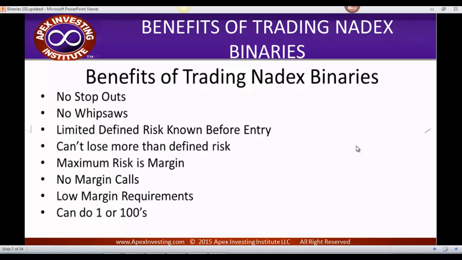With Nadex binaries, you know exactly what you're risking before you enter the trade. In fact, it actually tells you on your order ticket, and you cannot lose more than your defined risk that's listed on the order ticket. Your maximum risk is your margin. Your maximum risk is the amount that you're putting up to enter that binary trade. There are no margin calls. You've got low margin requirements. You could do one contract, 5, 10, or hundreds.